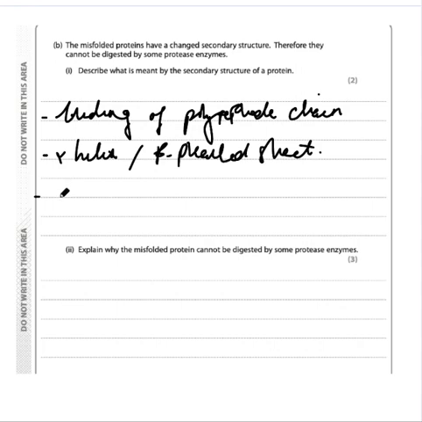So after this occurs, in the secondary structure, you have formation of hydrogen bonds. Once again, just because it's 2 marks and you have more than 2 points, you can list all 3 of them, because you will never lose marks for adding more information.